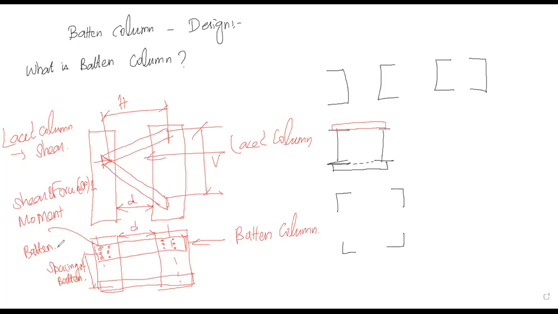Beams can have both shear as well as bending moment. So we have to check the batten with respect to shear force as well as bending moment, whether the batten can withstand them or not.